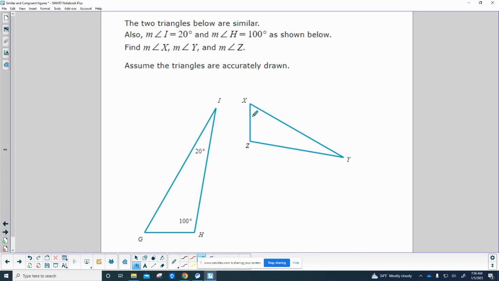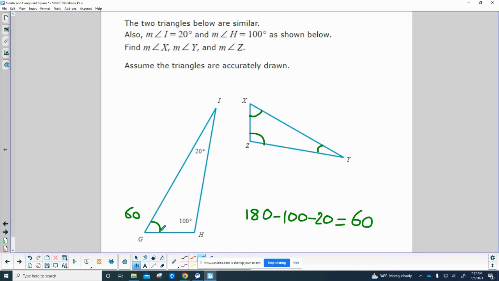So now we've got to find angle X, angle Y, and angle Z. Well, we're going to start out by finding G right down here because we're going to need to know that in order to find angle X. So if we do 180, subtract 100, that's going to be 80, subtract 20, which equals 60. So angle G is going to be a 60-degree angle.